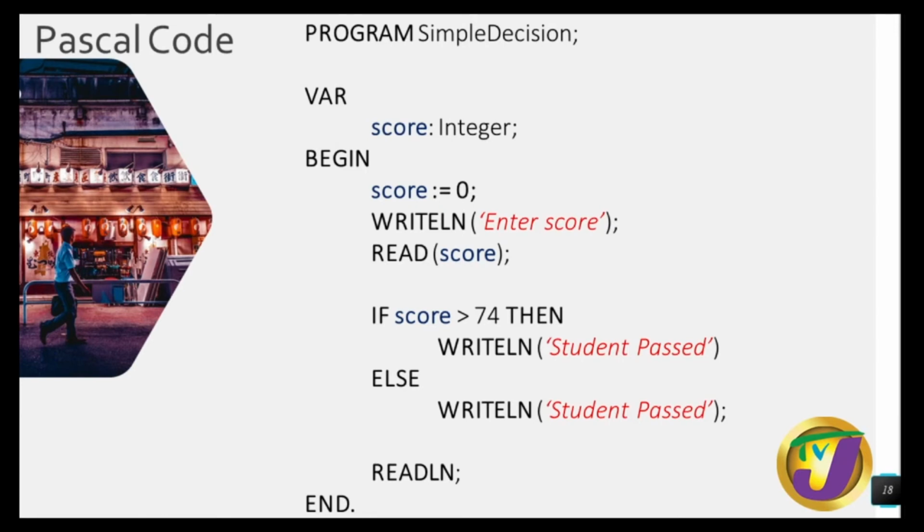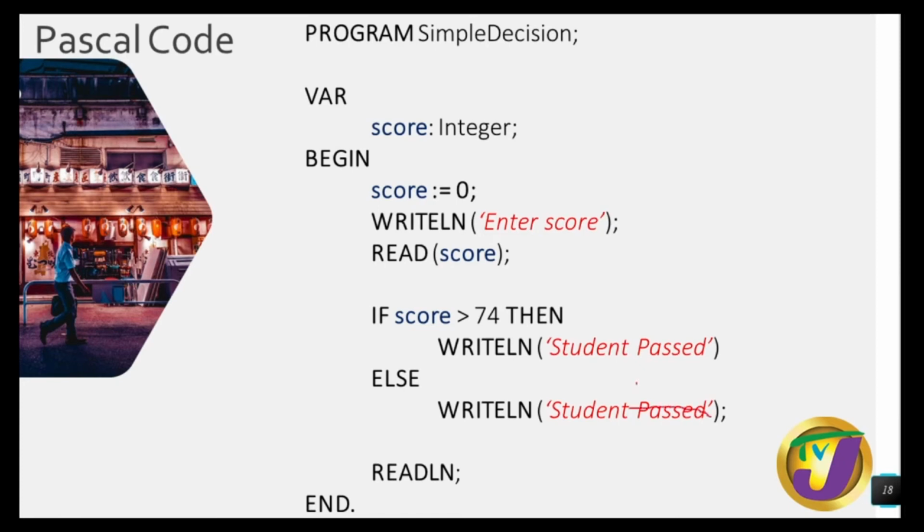So we have if score greater than 74, then write ln, student has passed, else write student has failed, and then the semicolon, all right? Straightforward.